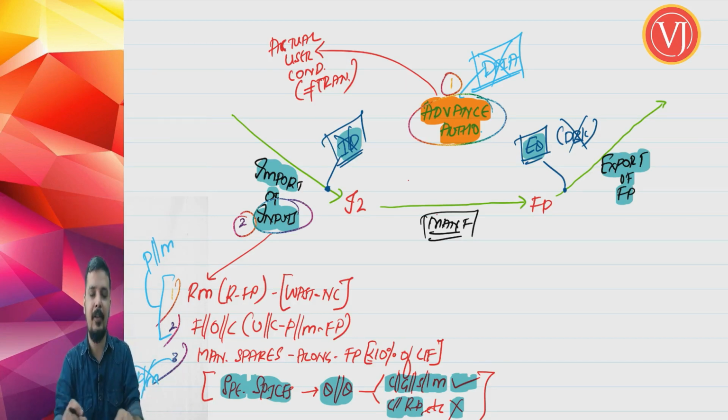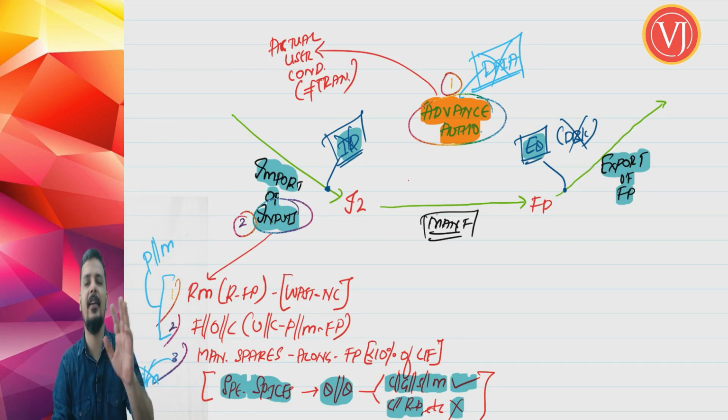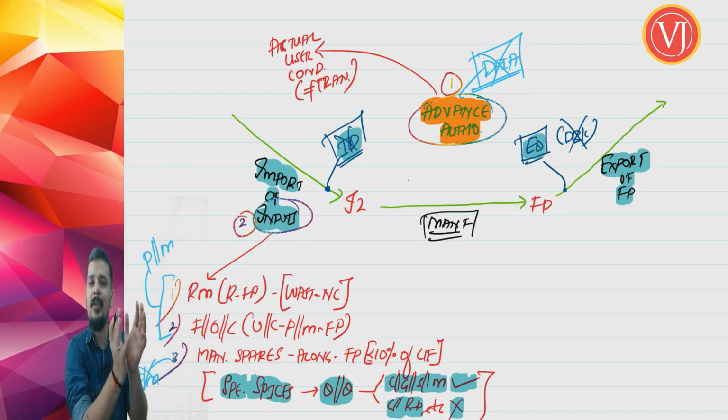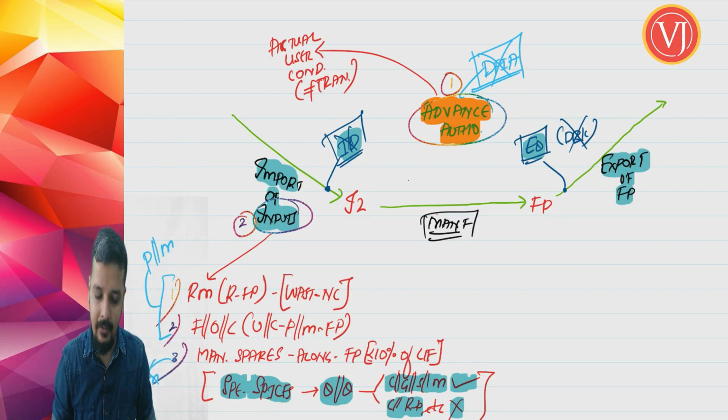So I have written imports of specified spices as inputs separately because they are talking about specified spices only if used in the manufacturing process, that is crushing, grinding, sterilization or manufacture of oil or oleoresins. So it is a specified sector. The first 3 points are for all the sectors, all the industries. So this point you have to understand.